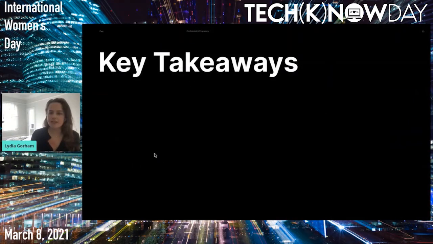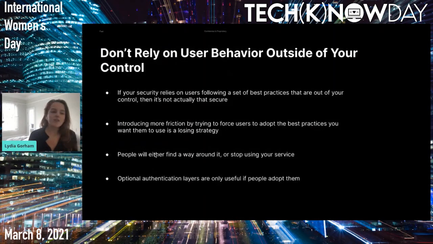So some key takeaways. And I think a lot of these apply to things outside of identity and access management, but take on a particular importance when we're talking about something as sensitive as your users' data and access to various tools and information within your system. So first, don't rely on user behavior outside of your control.